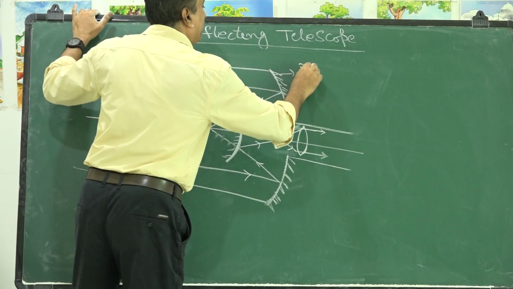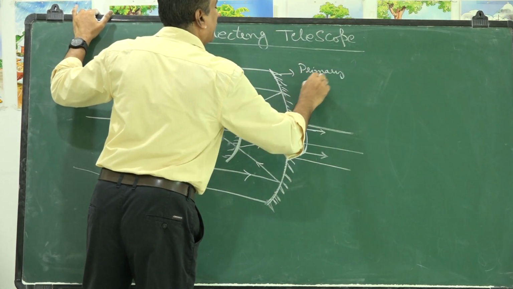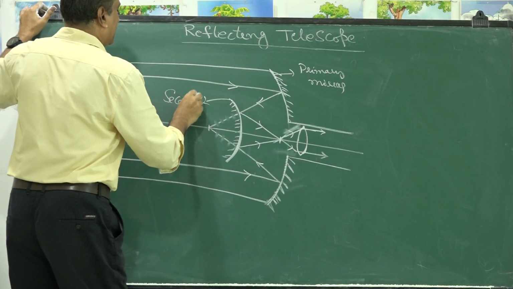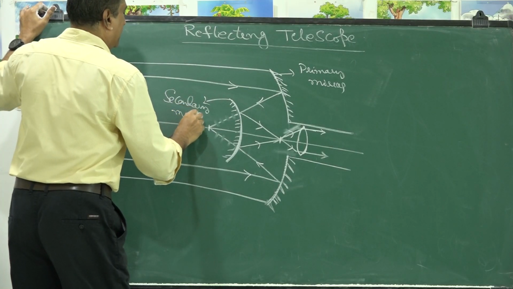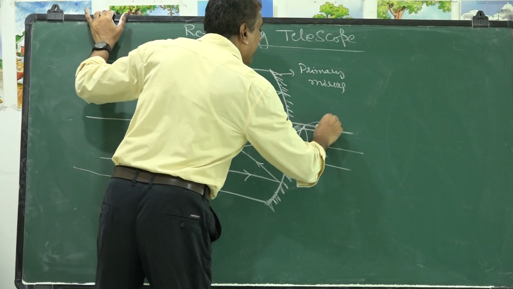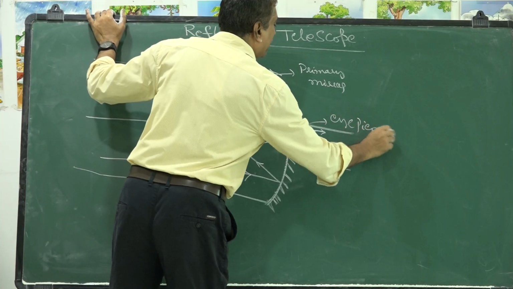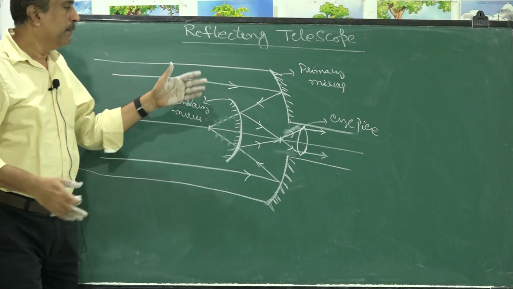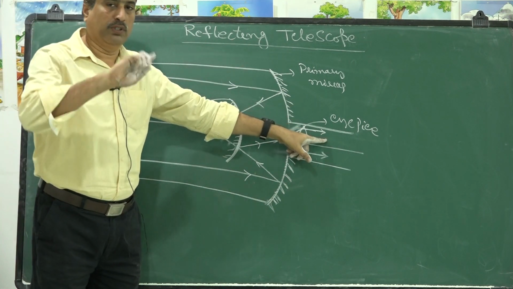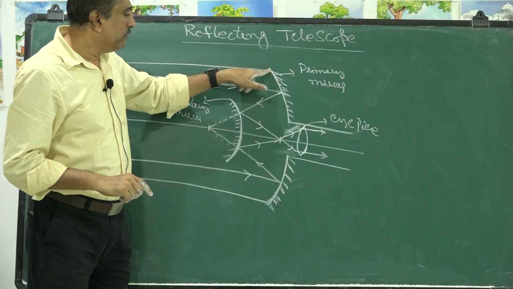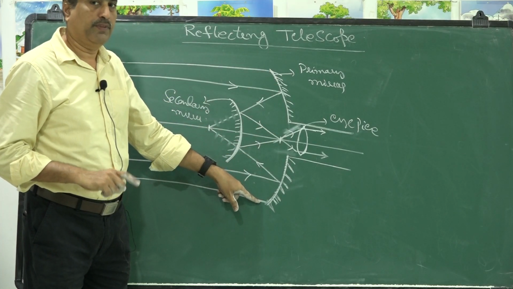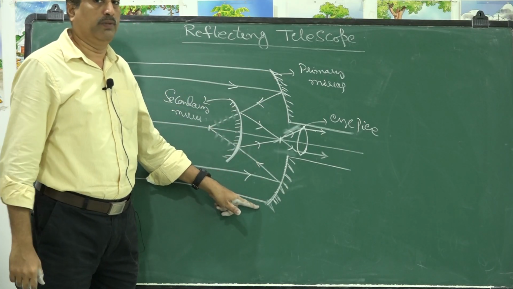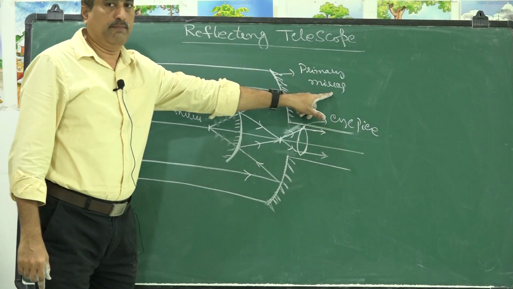This is called the primary mirror, and this is called the secondary mirror. And this is the eyepiece. So the refracting telescope and reflecting telescope are exactly the same, and the eyepiece is the same in both cases. In this case, we have a paraboloidal concave mirror in place of the objective lens, and that is called the primary mirror.